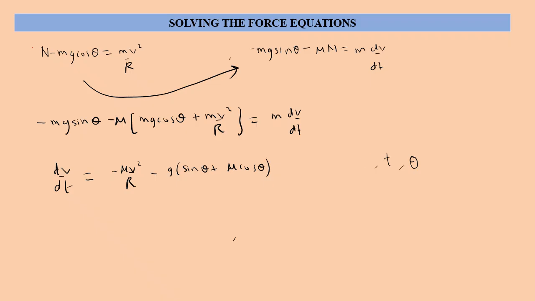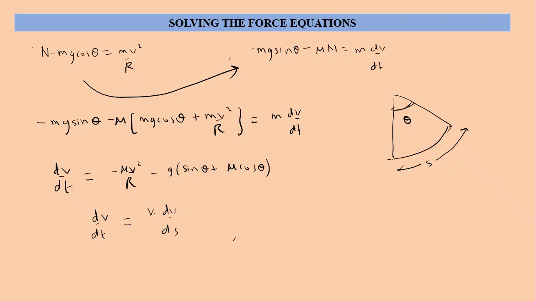So what we're going to do is modify it. We're going to make use of the fact that the tangential acceleration, which by definition is dv over dt, can also be written as v dv over ds. S here is the distance traveled by the particle along the circumference during its journey from the initial instant to the general position, and during this time it has covered an angle theta, right?